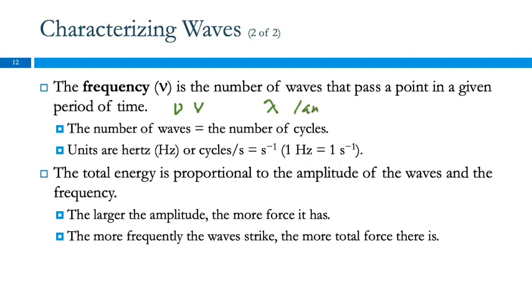So this is lambda, and this one is nu. Not new, nu, the name of the Greek letter, like alpha and beta and gamma and delta, epsilon, and all those guys.